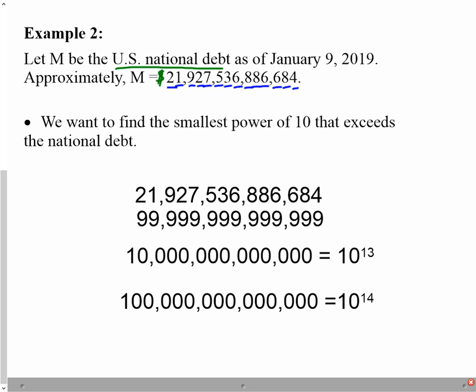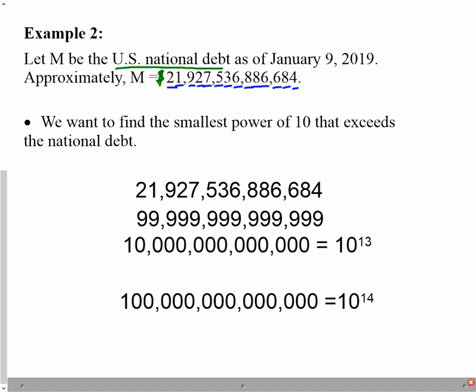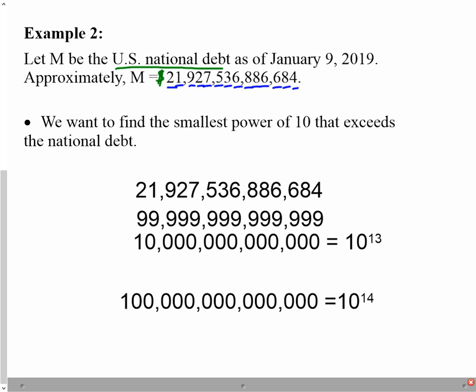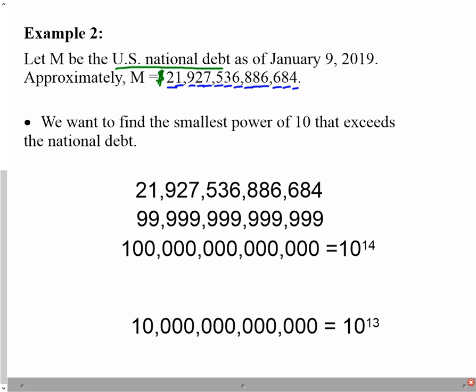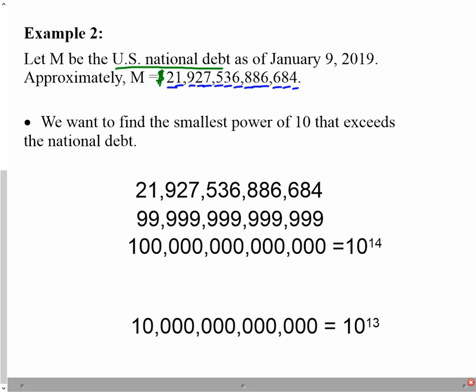Now that is definitely bigger than it, but that's not a power of 10. That's not something that's easy to work with. So let's work with a power of 10 that would be bigger than that. If you add $1 to that, you would be at 100 trillion, which is 10 to the 14th power.